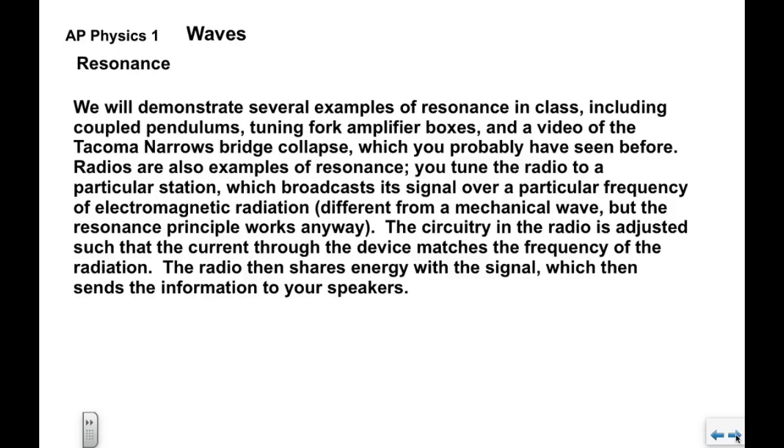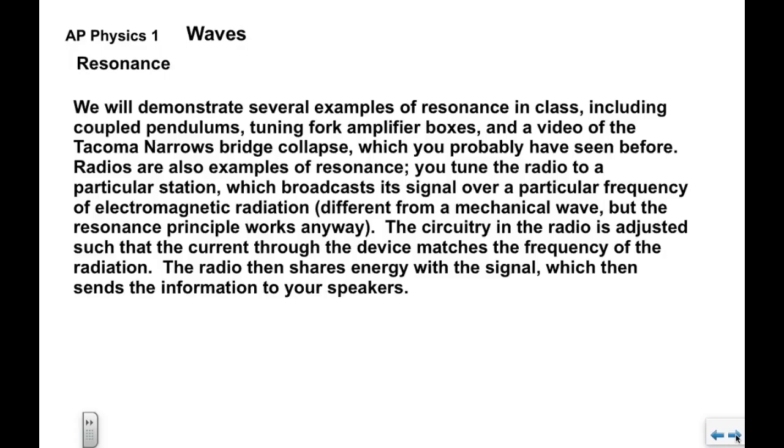Radios are an example of resonance. When you tune the radio to a particular radio station, which is identified by its frequency, the signal is broadcast over electromagnetic radiation that has the frequency that is equal to the call numbers of the station.